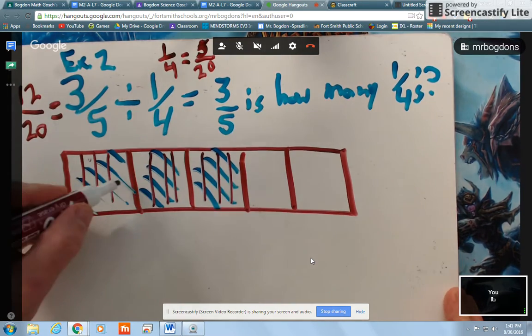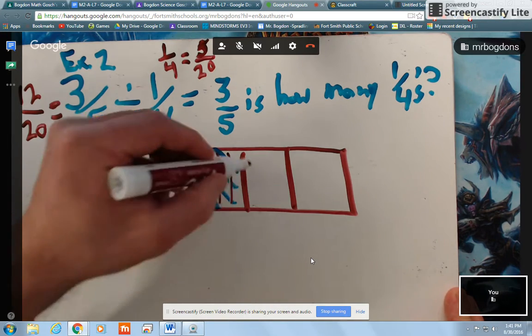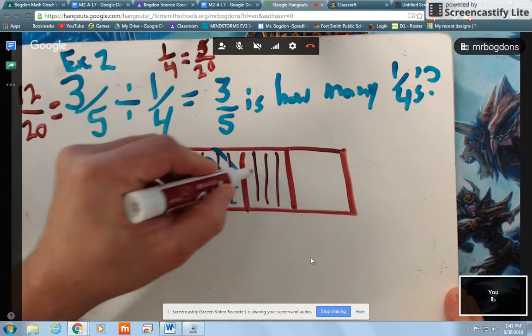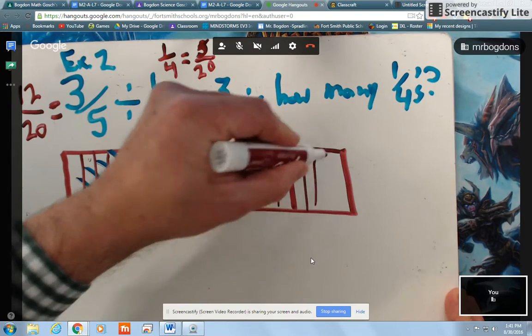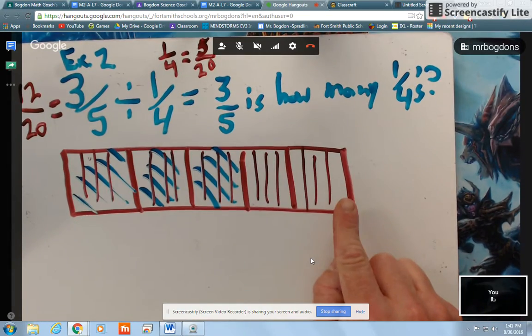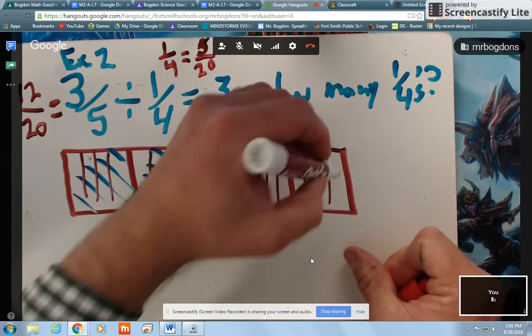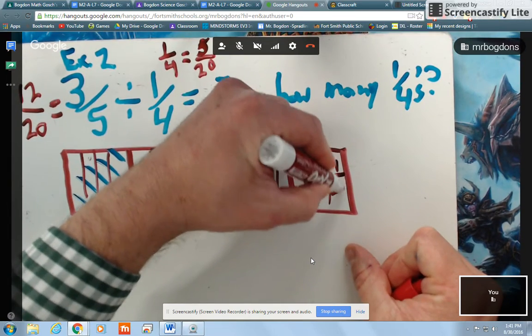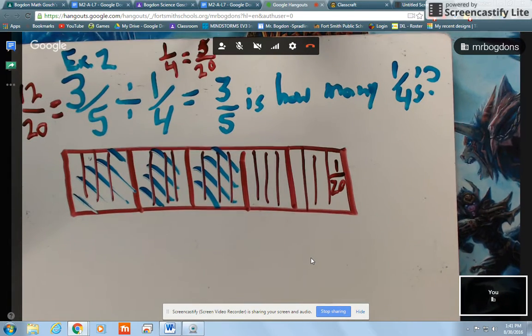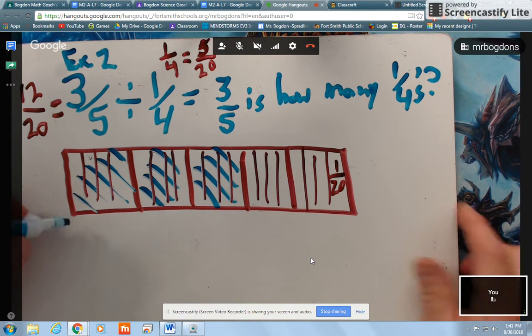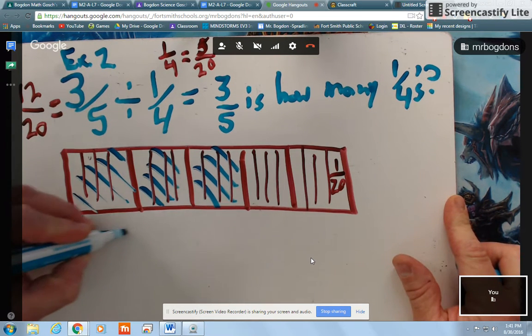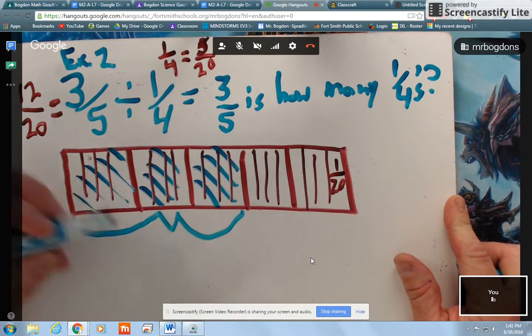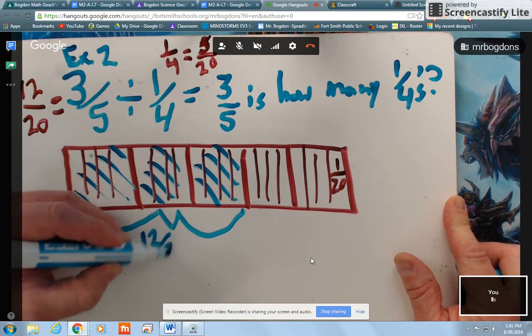So here I have 4, 8, 12, 16, 20 20ths. Can everyone agree that one of these pieces is 1 out of 20? And I know that I have 12 20ths.